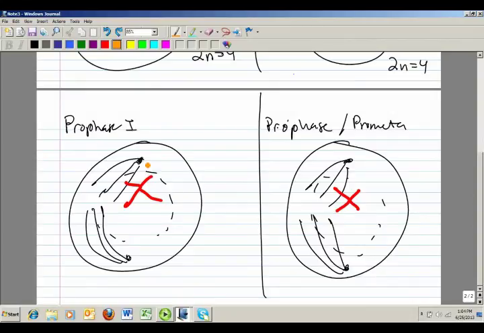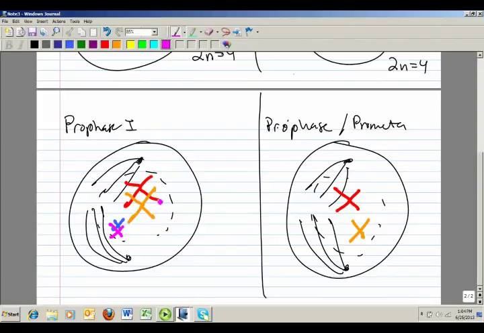In prophase 1, we have a scenario that's different than prophase of mitosis. In prophase 1, we have our chromosomes pairing with what we call their homologue.